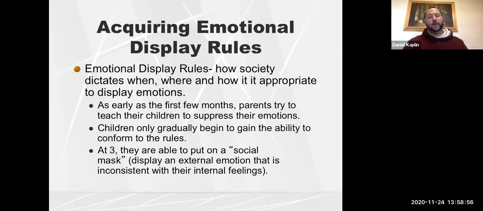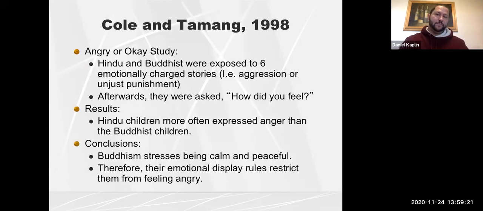So if a child is at a birthday party and it's not their birthday, and they become jealous at a gift that the person celebrating gets, they might smile even though they might experience internal states of jealousy. So that would be an emotional display rule or a social mask.